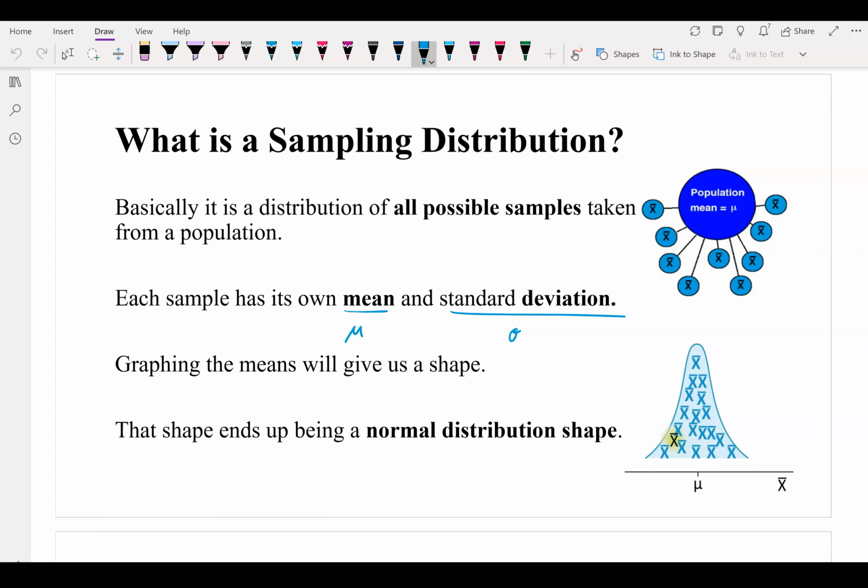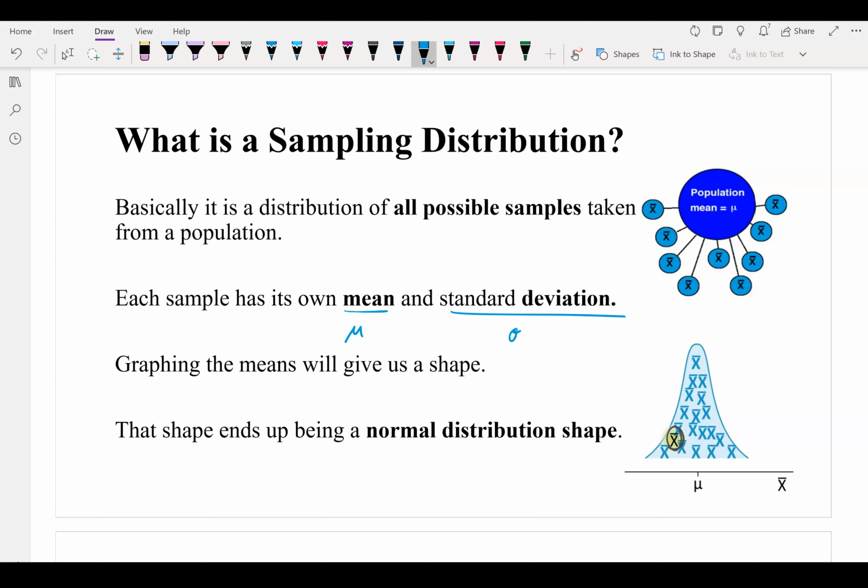Graphing the means will give us a shape, a general idea of where each of those sample groups lives. You might take a sample of fish and it sits right in the mean, in the middle of your data set. But you might take another 5 fish and get their average length, and it might sit down here. Depending on the group of fish that you sample, you're going to have bigger and smaller lengths, just like if you'd sampled the fish themselves.